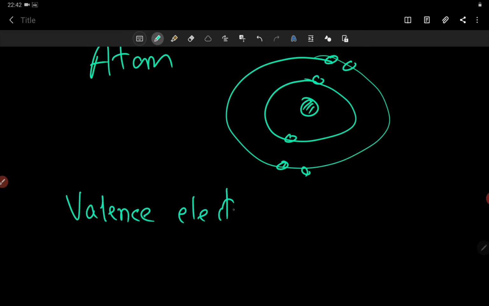When an electron leaves the valence shell, it becomes free. These electrons, which leave the orbit and start moving freely inside the object, are known as free electrons. But remember, these electrons cannot leave the object.